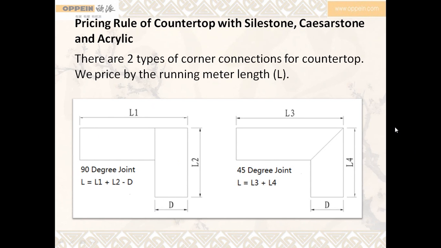The other type is the 45-degree joint, as in the figure on the right side. The length L equals L3 plus L4. The principle of feasible, safe, beautiful, and economic should be considered. Therefore, the company reserves the right to adjust the type of corner connection.